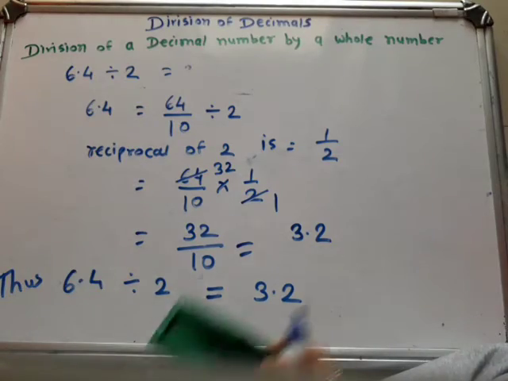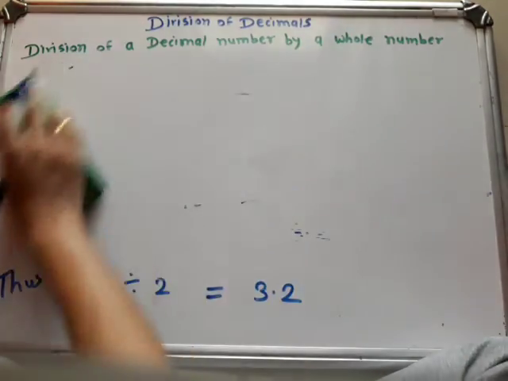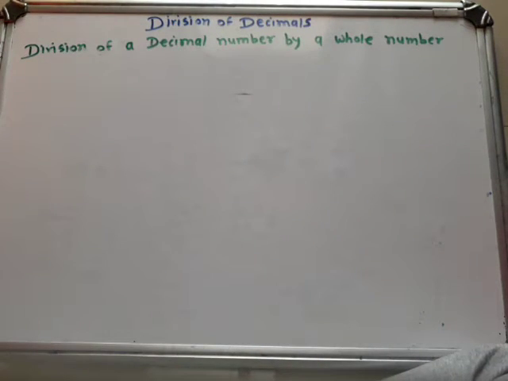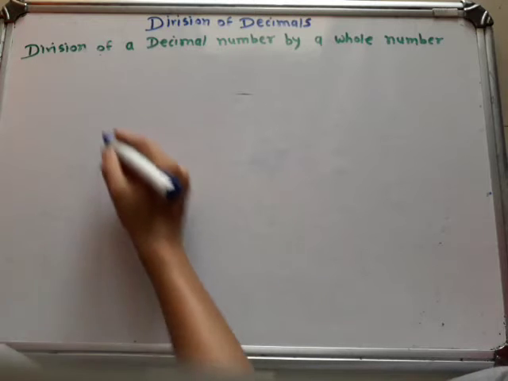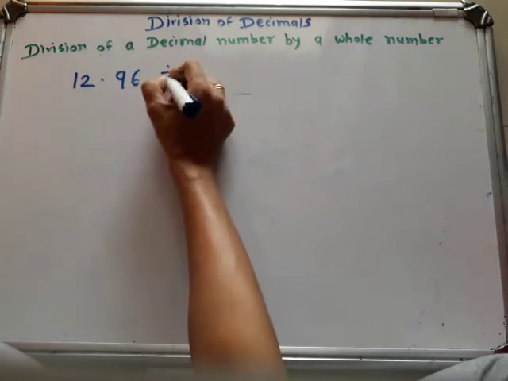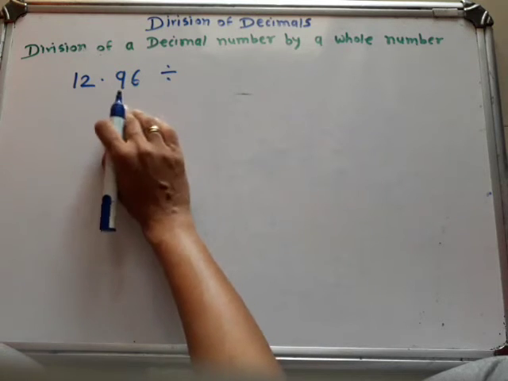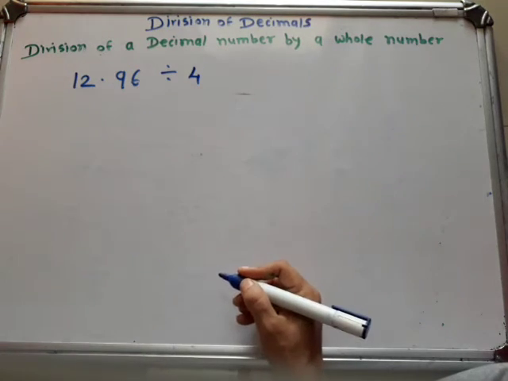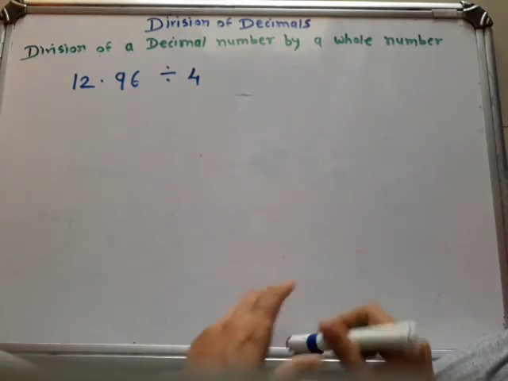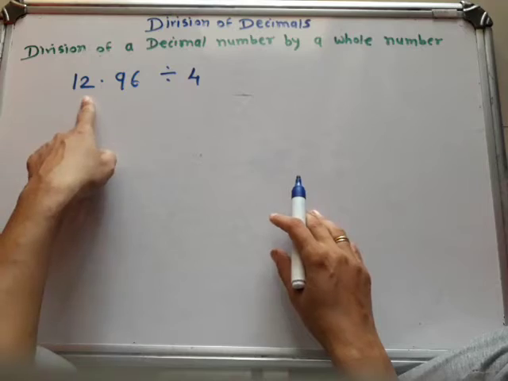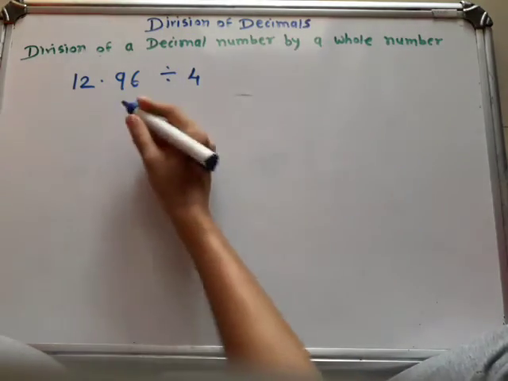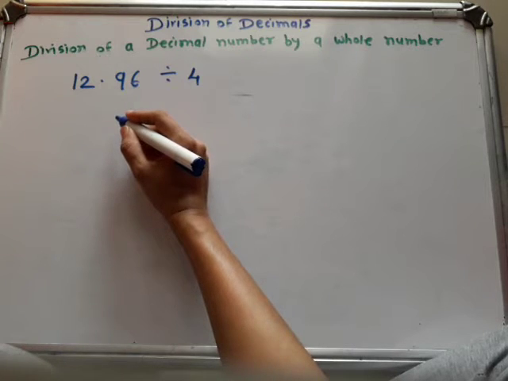Again we see one more example here. Suppose your number is 12.96, and we divide this number 12.96 divided by 4. Okay, this is your number. This is your question number 2. So 12.96 divided by 4. Again you have to first convert the decimal number into a fraction.